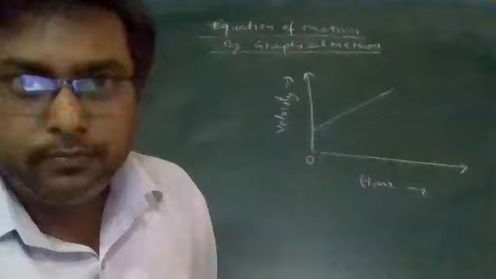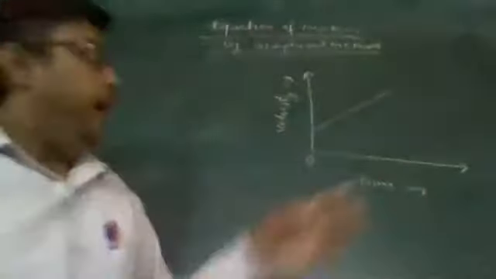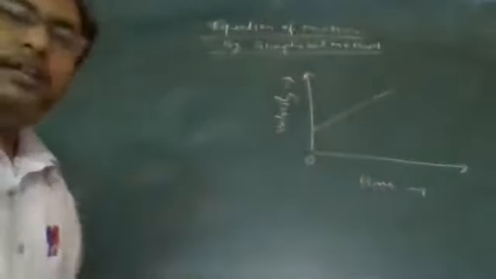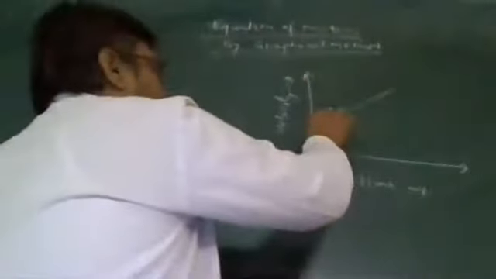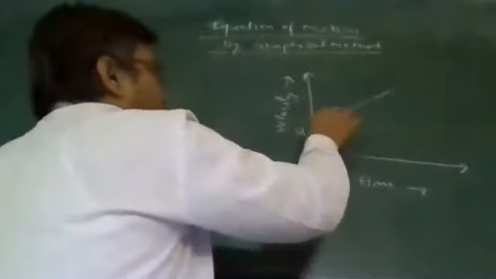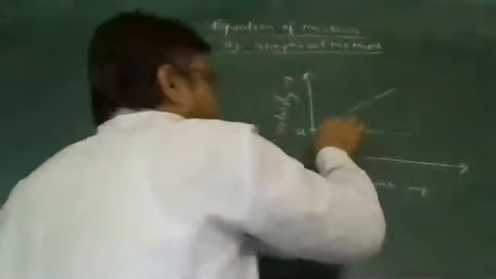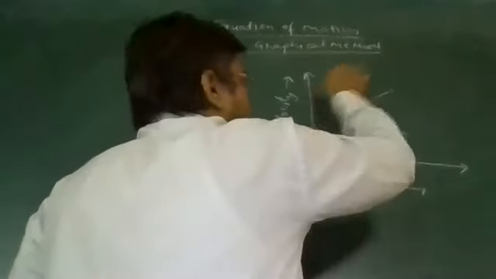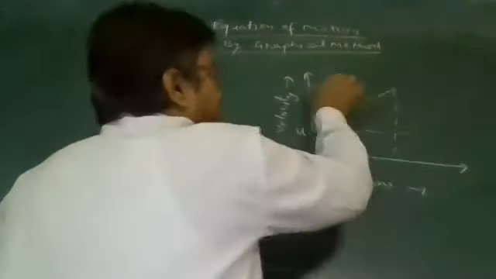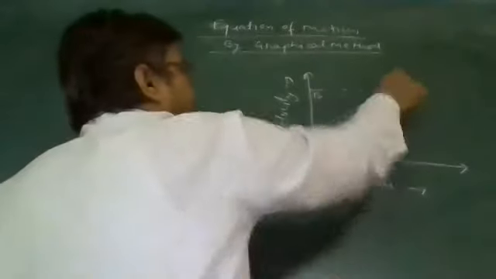Let a particle be moving along a straight line with uniform acceleration a, and I'm plotting the velocity-time graph. I suppose the initial velocity is not zero. What is the initial velocity? It is u. At this point there is my final velocity, v, the velocity at the final point.